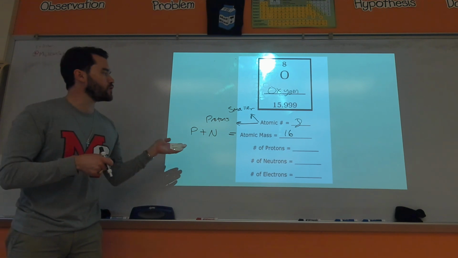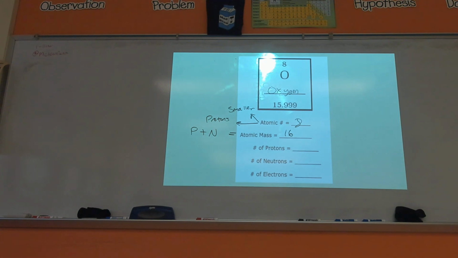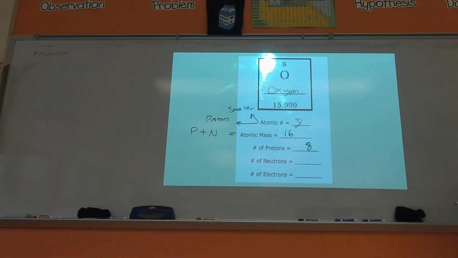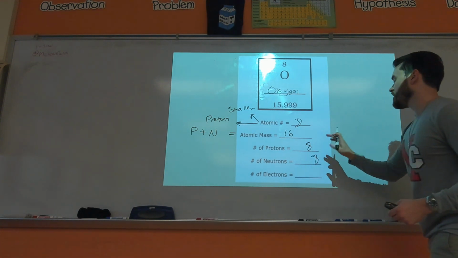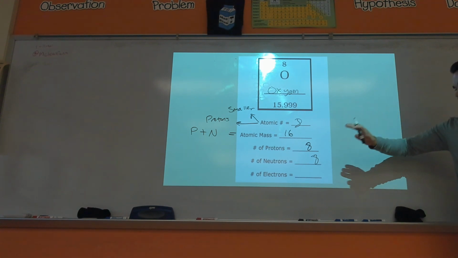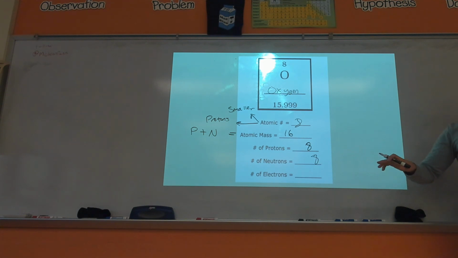All right, number of protons. So then what would that be? 8. Absolutely. All right, well then what would the number of neutrons be? What do you think? Number of neutrons. Go for it. 8. Exactly. Now, a lot of people, and I get it, think number of neutrons is the same as number of protons.